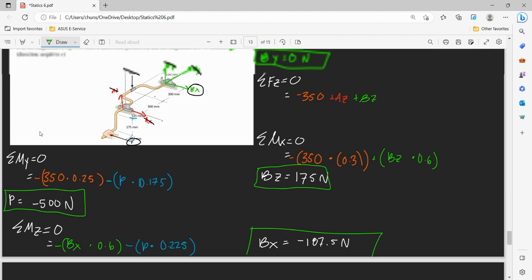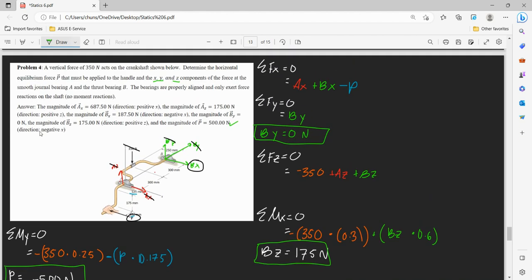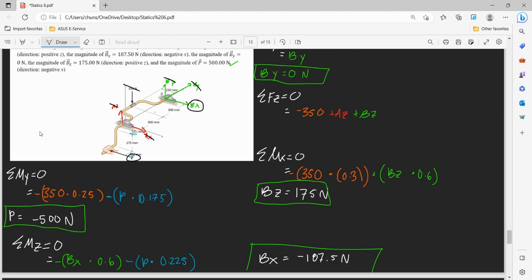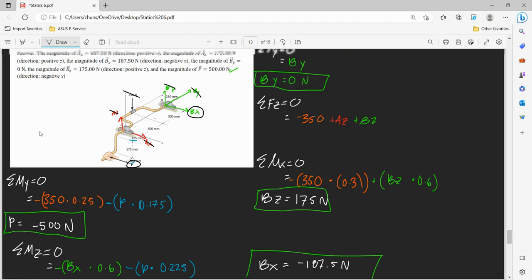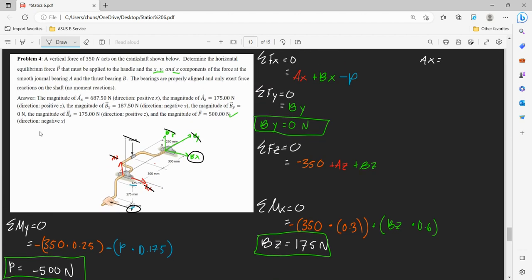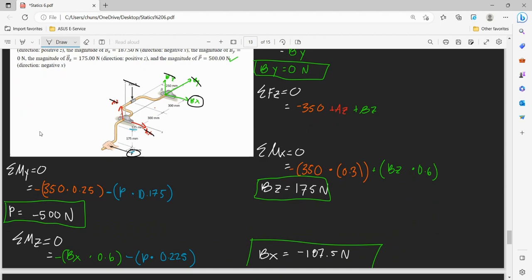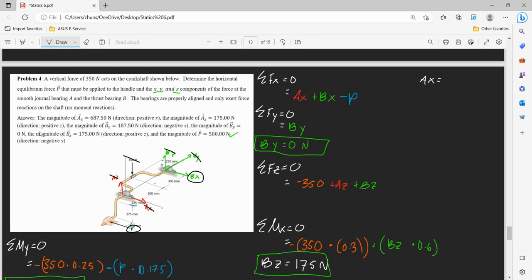Okay, and now let's just go back to find our forces. So let's find AX here. So AX is equal to P minus BX. And we found BX over here, so that's going to be positive 187.5, and that's minus, hold on, let's write this out. So this is minus negative 187.5, and this is plus our P, which is 500.